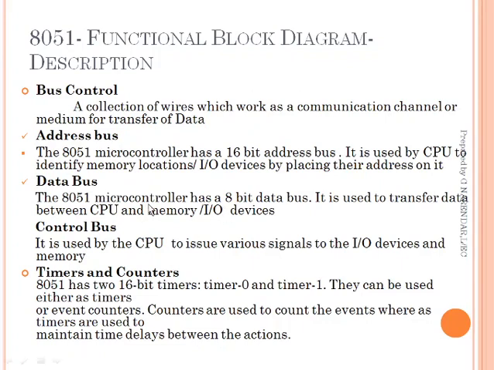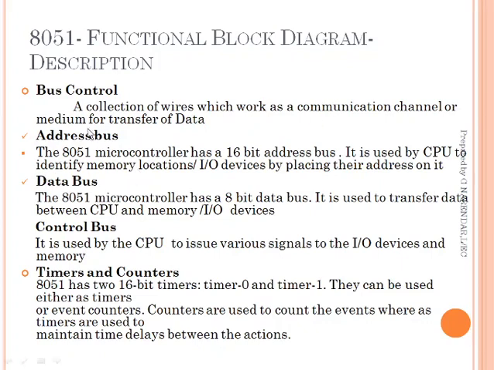Since it consists of 8 wires, on each wire you can place one bit of data, so a total of 8 bits of data can be transferred at any time from CPU to memory location, from CPU to IO device, from IO device to CPU, or from memory location to CPU.